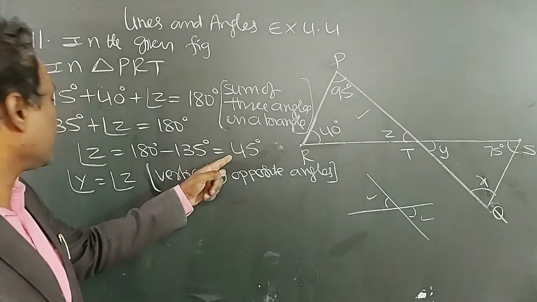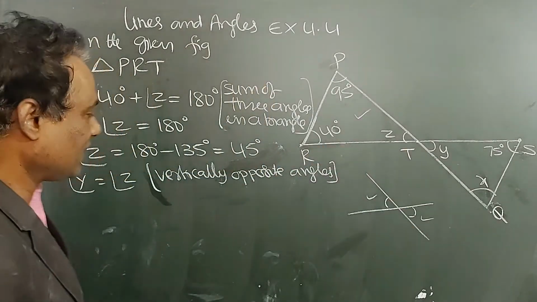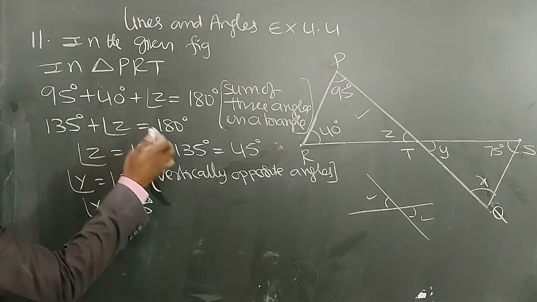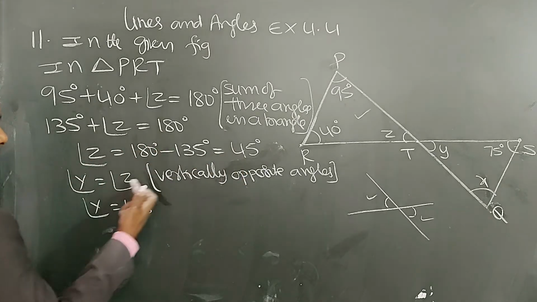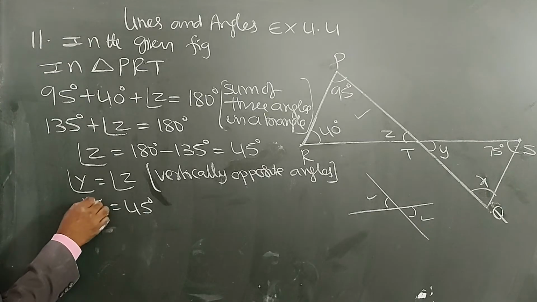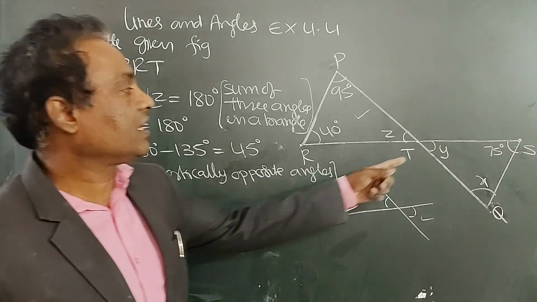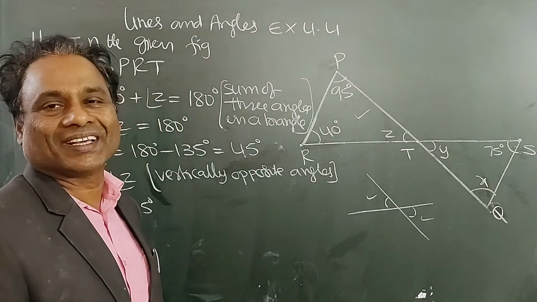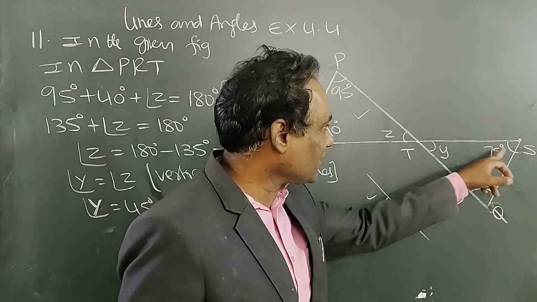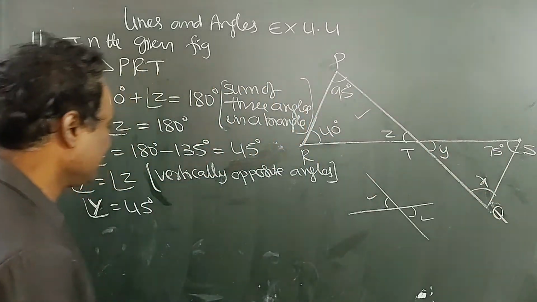If Z is 45, Y also is 45. Okay. But this angle, now take this triangle: sum of three angles is equal to 180 degrees.